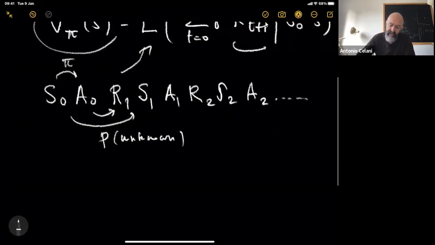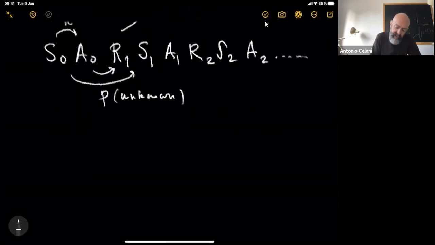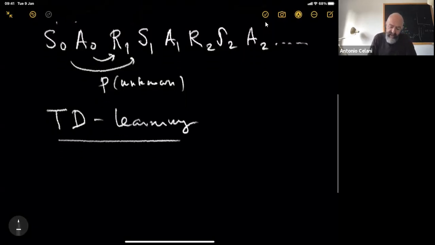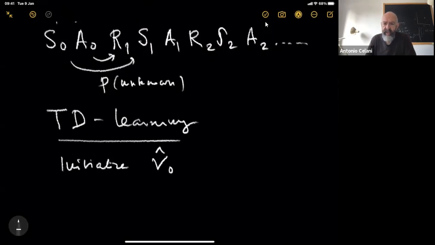The way this algorithm works is, in general, temporal difference learning. The pseudocode is: initialize your estimate v naught with some vector. Of course, the closer it is to the true value of the policy, the better.